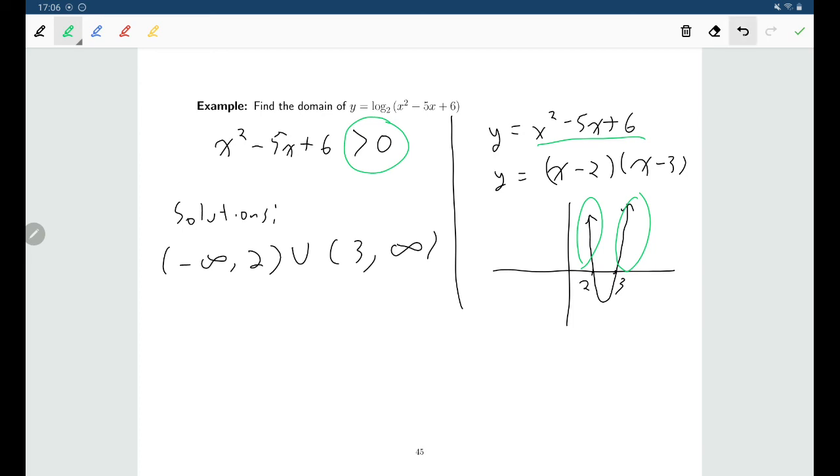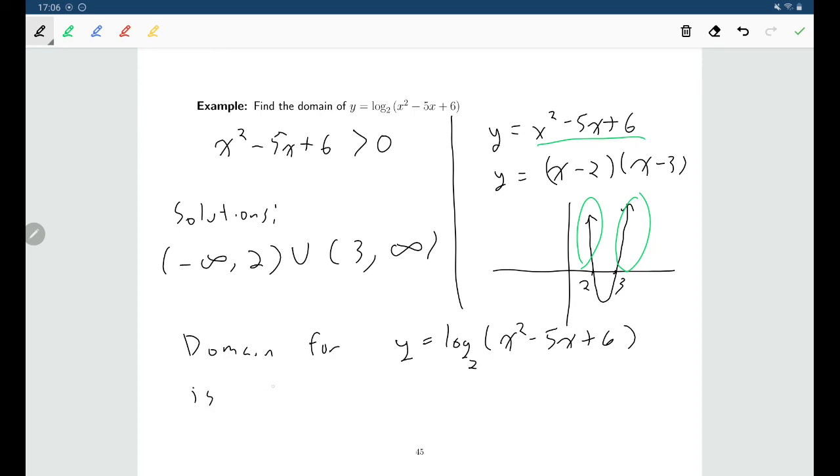Log base anything of 0 is always undefined. So the domain for this function, y equals log base 2 of x squared minus 5x plus 6, is the interval of everything up to 2 together with everything after 3.